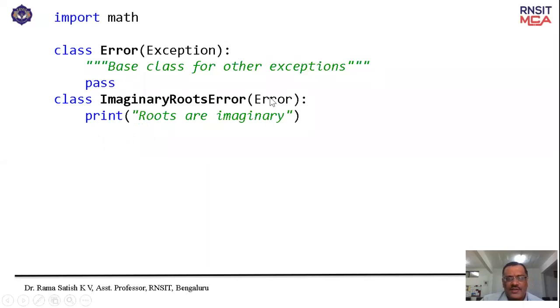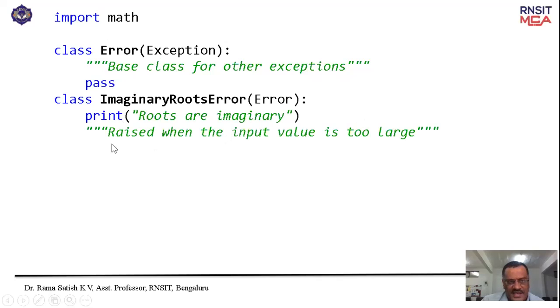You are creating your own user-defined exception with the help of the Error class, and you write the docstring: raised when input values are too large. Okay, your user-defined exception you have written.